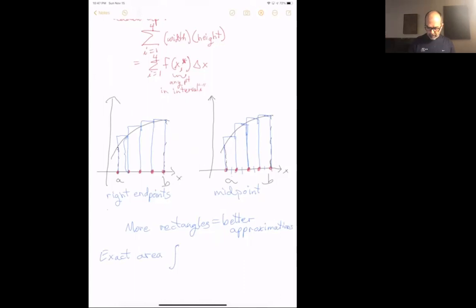A is the smallest value, B is the biggest value, the function is f of x, and we say dx. That's going to be the exact value. This is sometimes called the integral. When we go on to definite integrals, we'll see this more often, but for now it's just a notation thing.